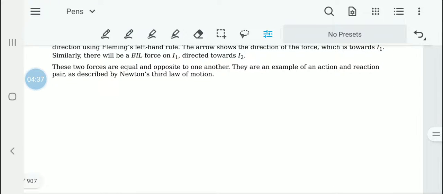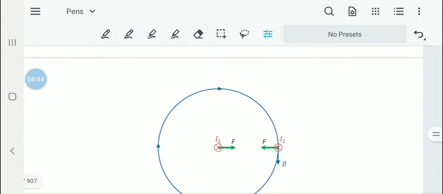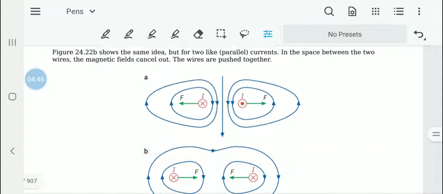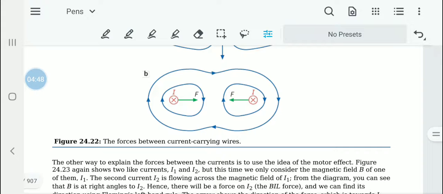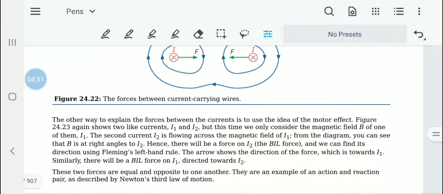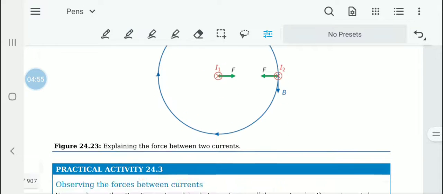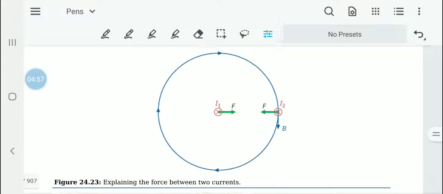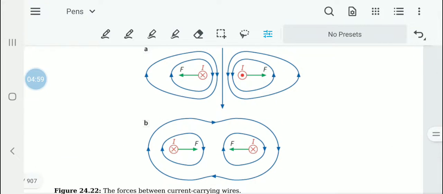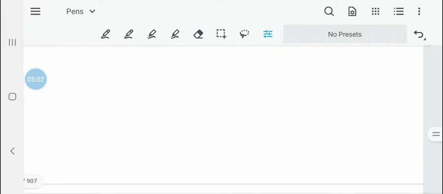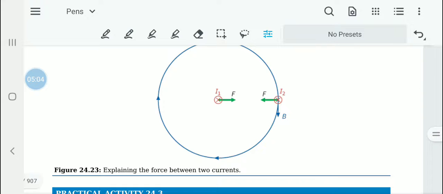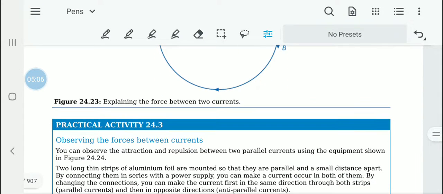As a result, these forces are equal and opposite to one another, right? This effect would take place. I suppose you understand that. They would be attracted towards one another, the two wires.